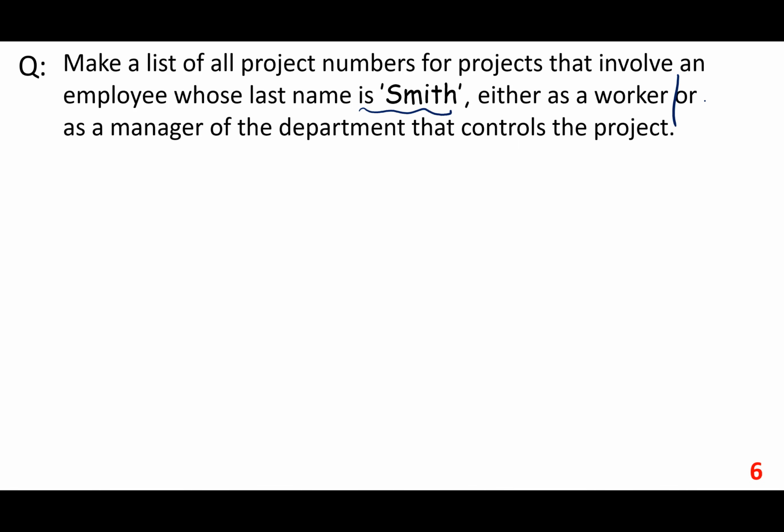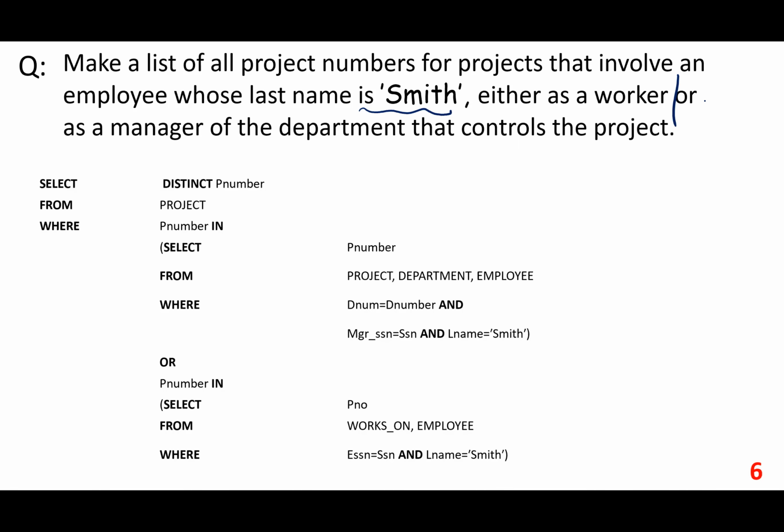Let's look at the statement. Select distinct P number from project, very simple. The harder part is the where clause, which has two parts. The first part: P number in a multi-set.